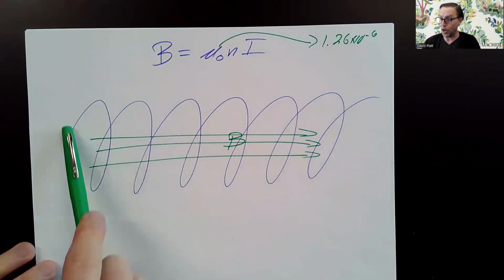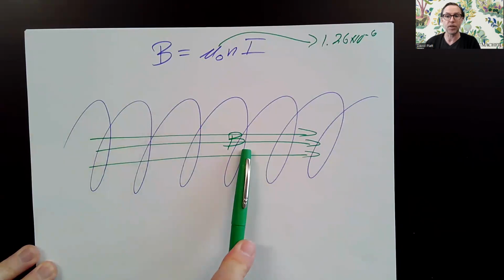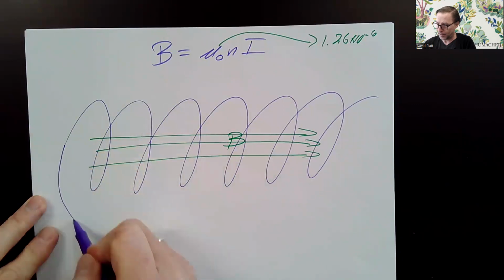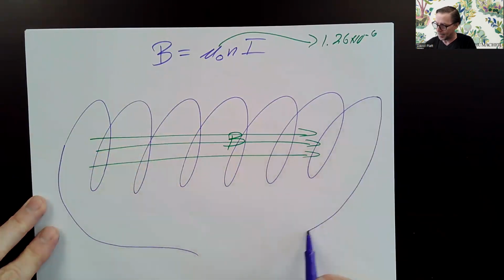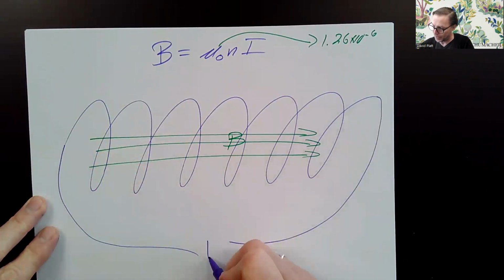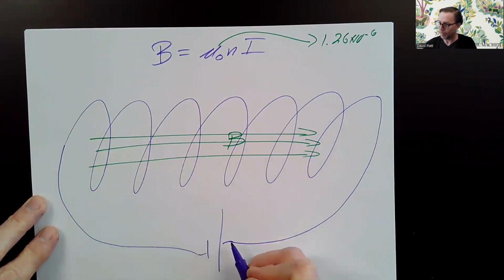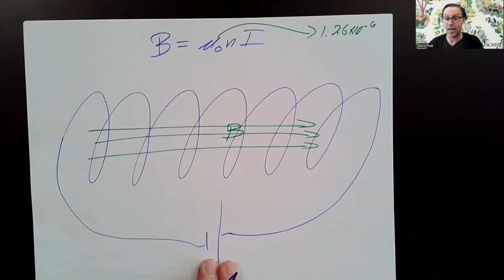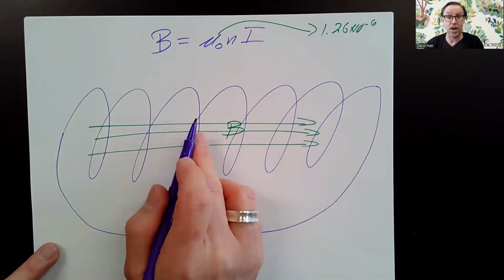Of course, if there's no current, there's no field. So this is the kind of thing that you could turn on and turn off. If maybe we somehow connected these ends and put a battery in here, and we had a little switch, we could hook up or unhook the battery, and the current would either be here or not.